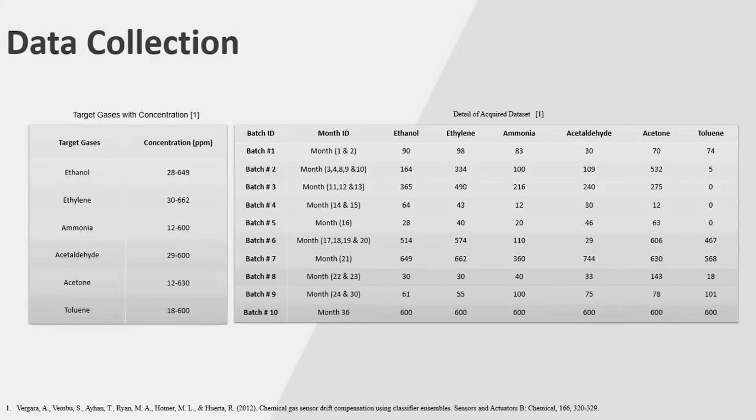Months 1 and 2 are in a batch, or 1, 3, 4, 8, 9, and 10 in batch 2, and so on. So in this work, we are going to play with the batches. Different months are stored in the batch folders, and then we can use these folders for the classification purpose.